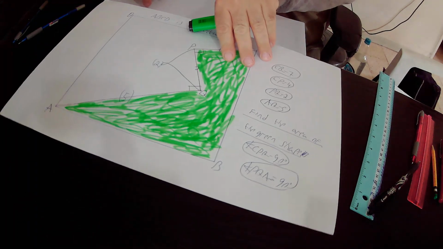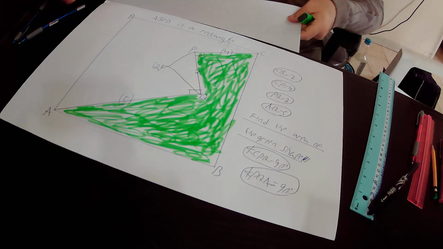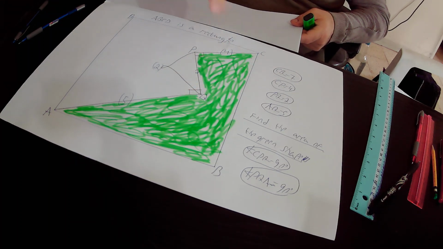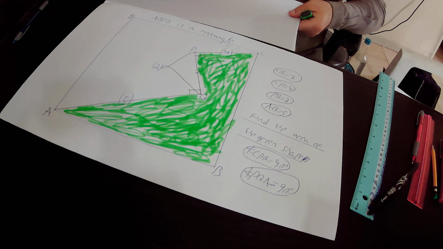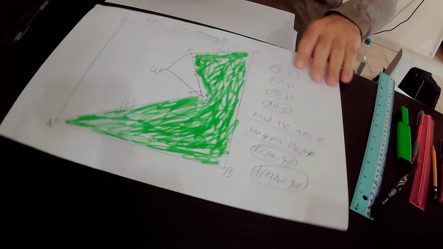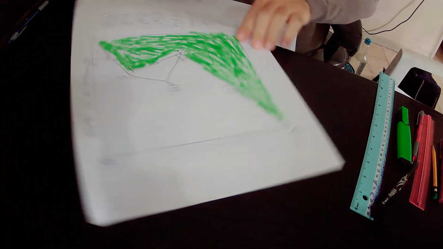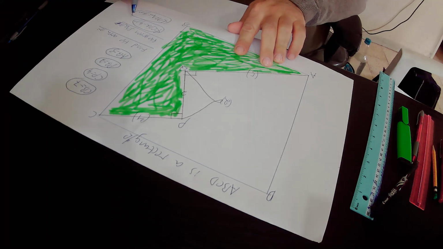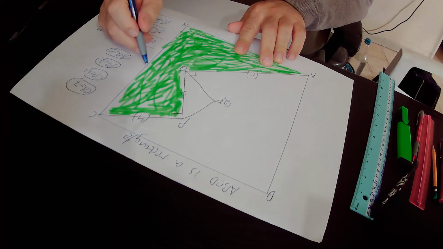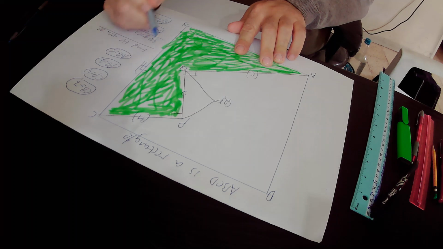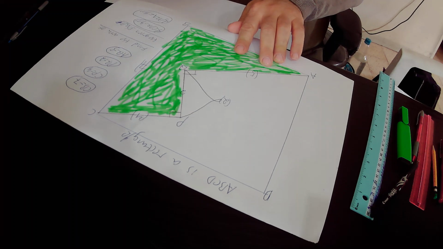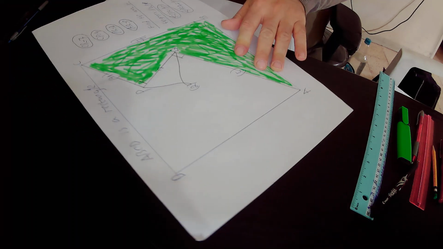Our mission in the second question is to find out the area of this green shape. In the drawing we have rectangle ABCD. We know that this is side CB of rectangle ABCD, that is equal to 7 units in its length. Here CB equals 7.